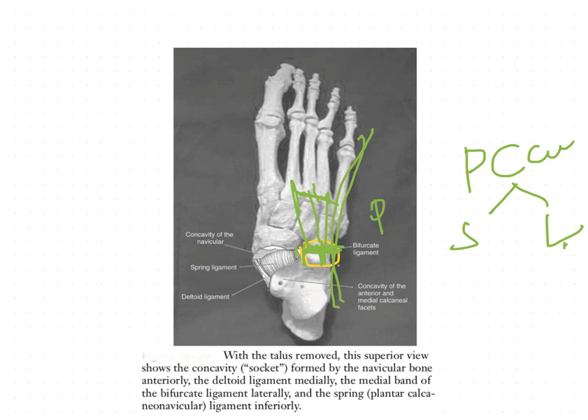The extrinsic muscles of the foot also provide important support for the transverse tarsal joint as they pass medially, laterally as well as inferiorly to the joint. So this is all about the calcaneo-cuboid joint.